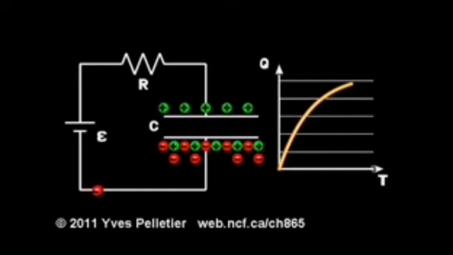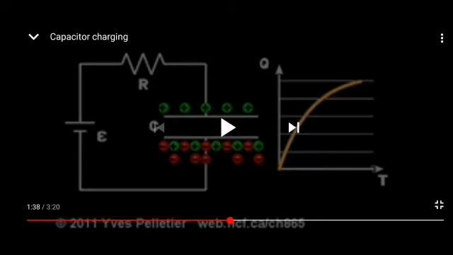This is called the conventional current. But I will repeat, the current you are watching in this diagram, which is the motion of the red negative charges, is the real current and not the conventional current, which is the current of flowing positive charges.